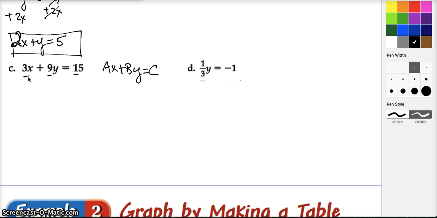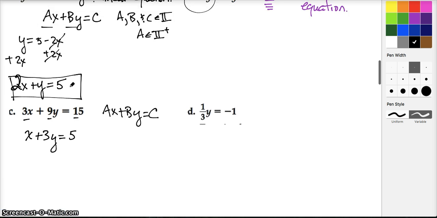So you can write this an additional way. By dividing each term by 3, you would get x plus 3y is equal to 5. This is another standard form of a linear equation, and they're both correct answers. I don't really see any reason to do this, but it is another way of doing it.